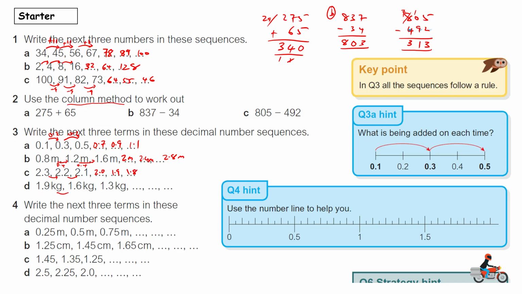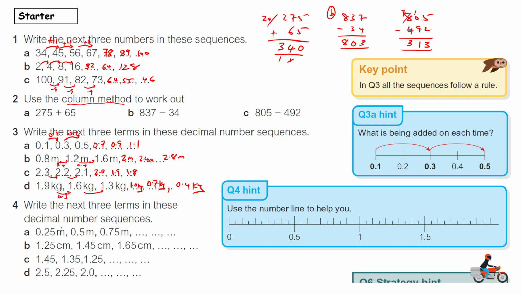And on D, it's going down 0.3 each time. 1.9 take away 0.3 is 1.6, then 1.3, then 1.0 kilograms. Take away 0.3, that's going to be 0.7 kilograms, and one more, take away 0.3, you should have 0.4 kilograms.